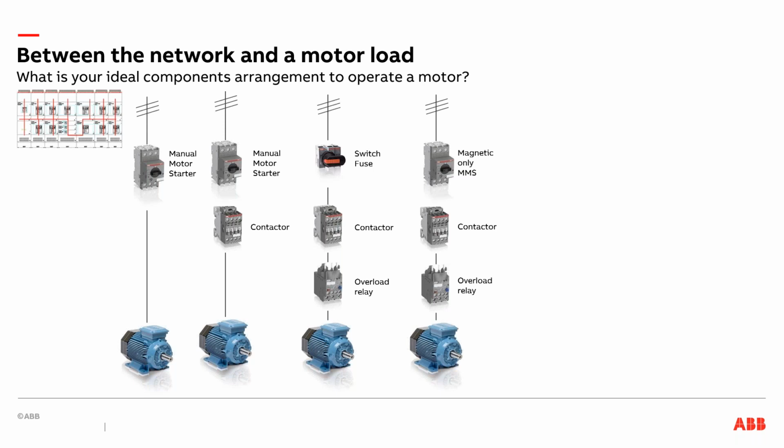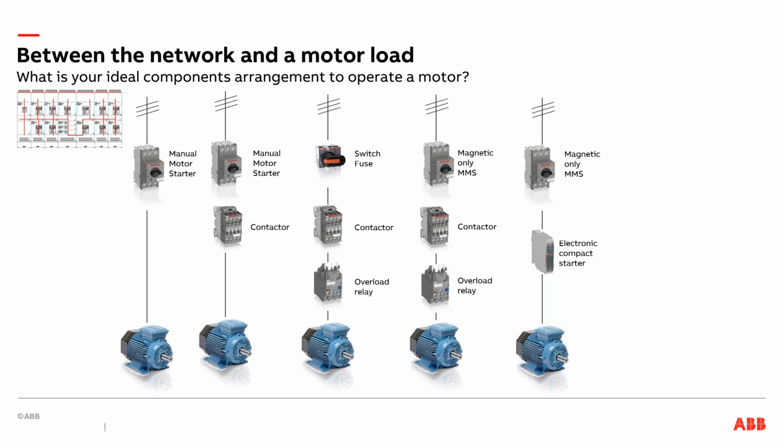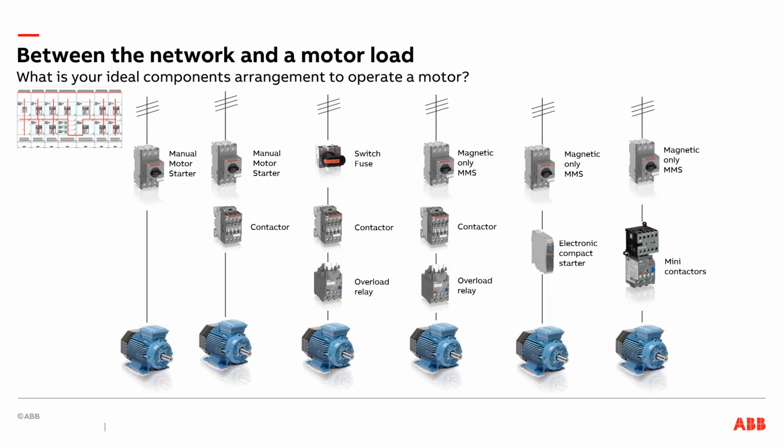Here we are using a magnetic only manual motor starter with an overload. Magnetic only will give you short circuit protection. Magnetic only manual motor starter with an electronic compact starter, because the electronic compact starter can give you overload protection.